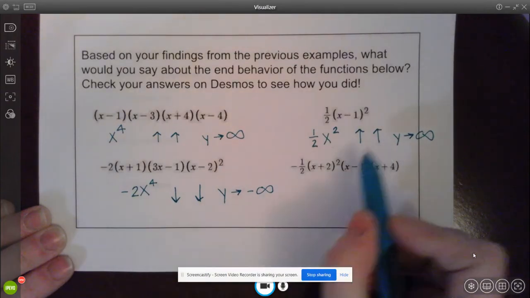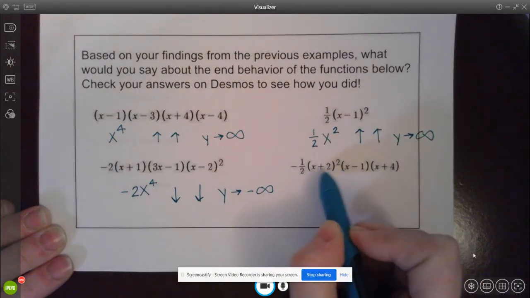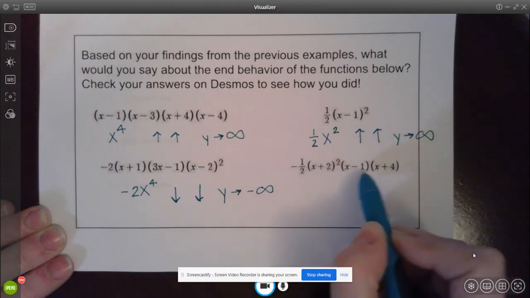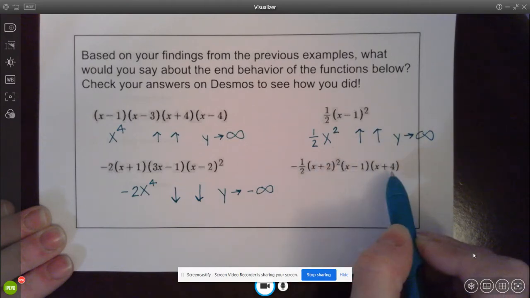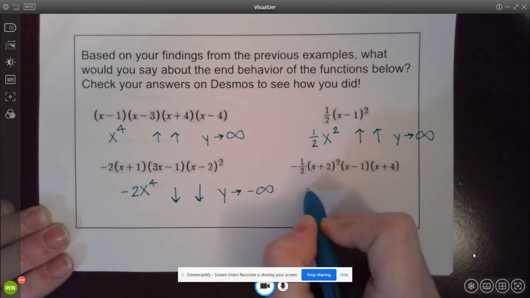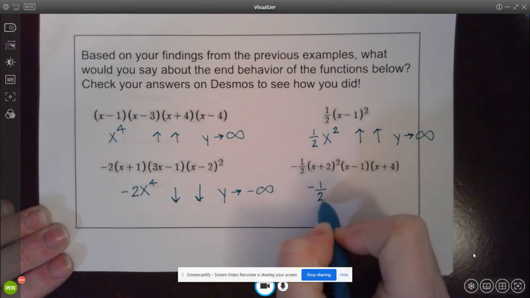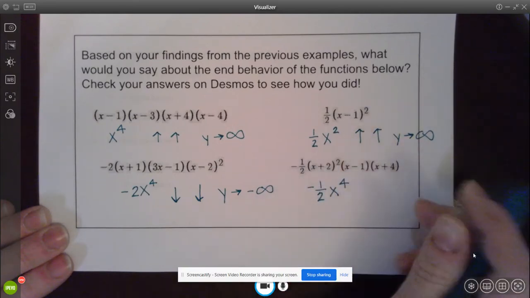So now checking out over here, I have 2 x plus 2's, so that gives me x squared, this would give me x to the 3rd, x to the 4th. So this is going to be negative 1/2 x to the 4th.